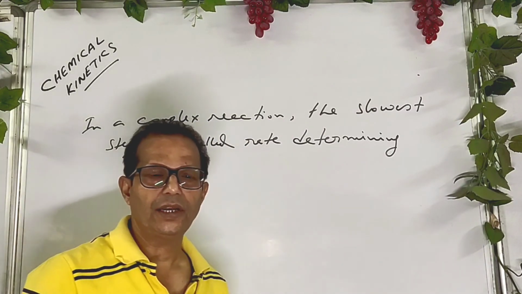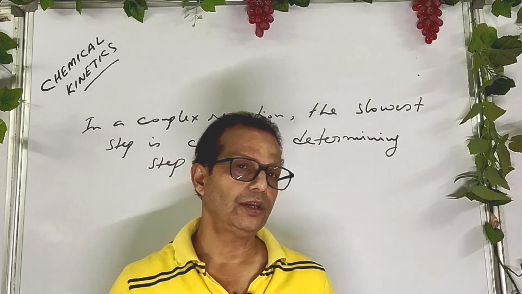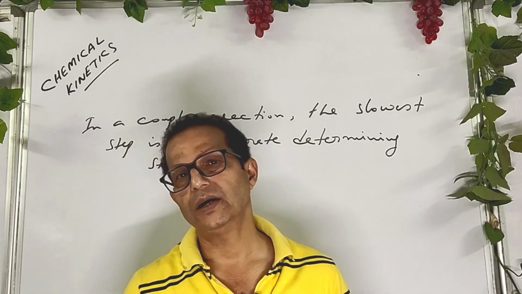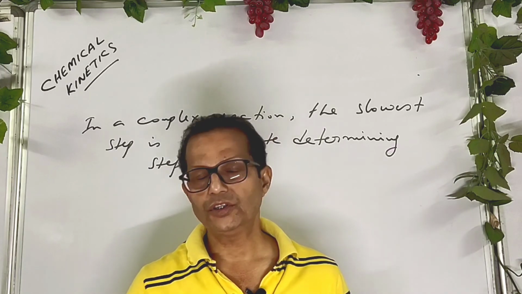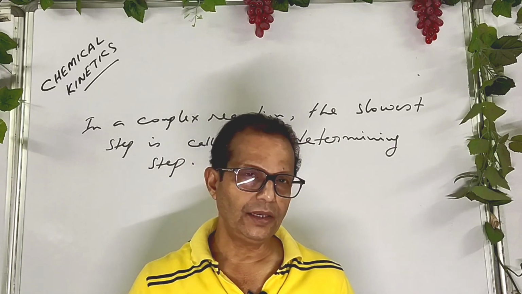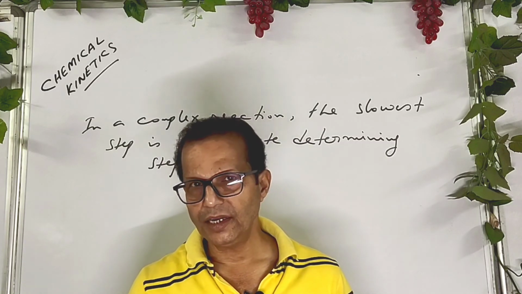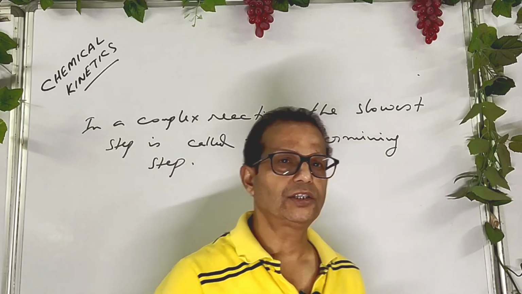So I think you understand it. Another question that is very important for your term 2 exam. Okay, the question is, define average rate and instantaneous rate of a reaction.